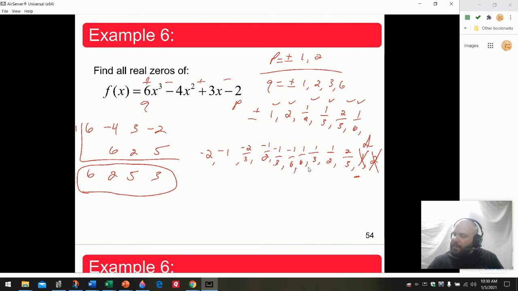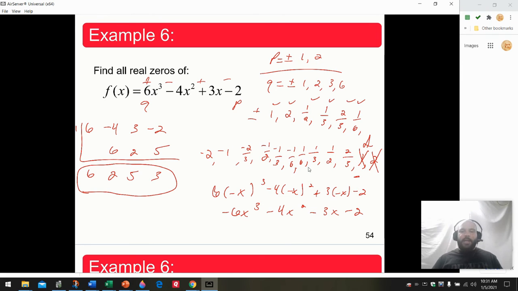Now, I do want to plug in the negative x. So 6 negative x cubed minus 4 negative x squared plus 3 negative x minus 2. And so this becomes negative 6x cubed. This becomes minus 4x squared. This becomes minus 3x, and this becomes minus 2.